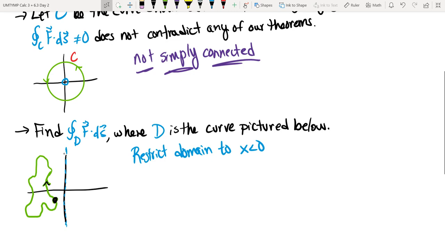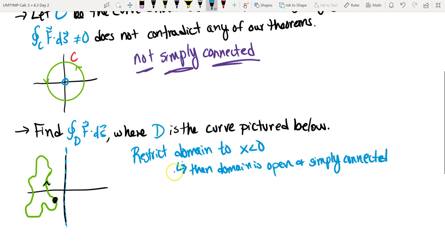Okay, well, if I do that, then with my vector field and everything, I don't have to worry about the origin. The domain is open. Okay, and in fact, it is simply connected. Okay, then the other thing is, in this space, F is C1.